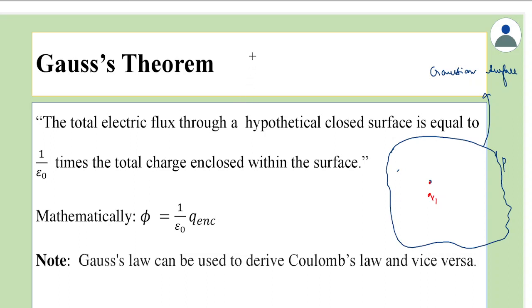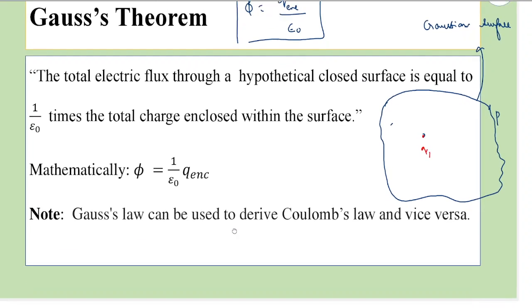So mathematically, this flux is given as Q enclosed by epsilon naught. Here Q enclosed stands for the charge enclosed by the Gaussian surface. This is called Gauss theorem.